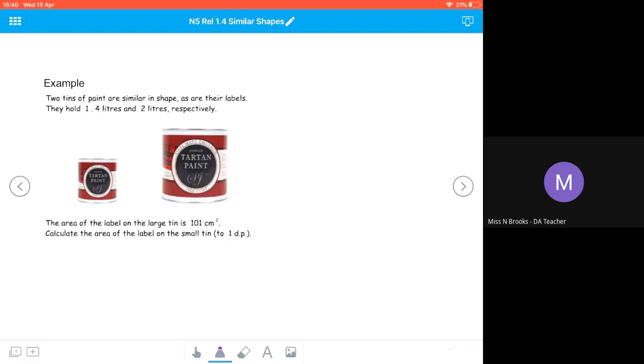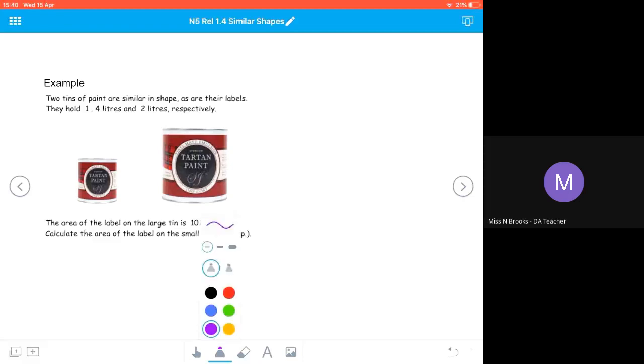So we need to put some information onto these tins of paint. So we know that 1.4 litres and 2 litres are volumes. So we've got V old. In fact, we are trying to work out the small paint.